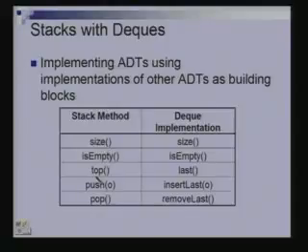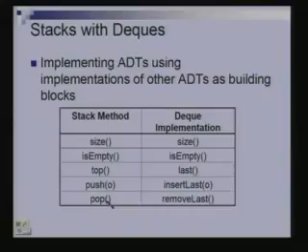For instance, let us say we make the top of the stack correspond to the last element of our double ended queue. So, the method top would correspond to returning the last element of my double ended queue. The method push would correspond to inserting at the end of my double ended queue, and the method pop would correspond to deleting at the end.